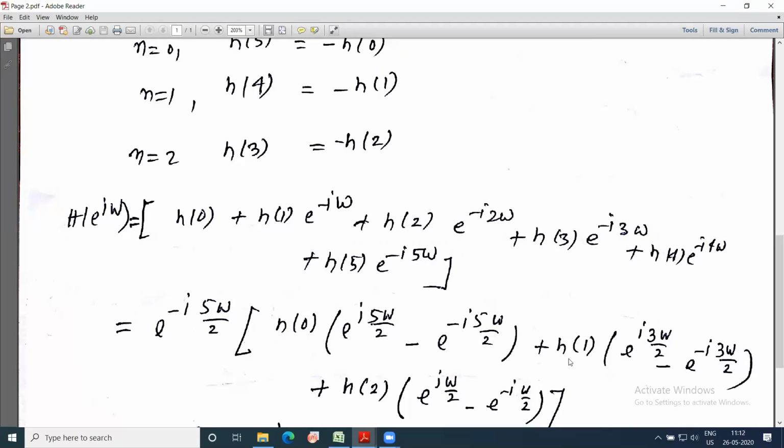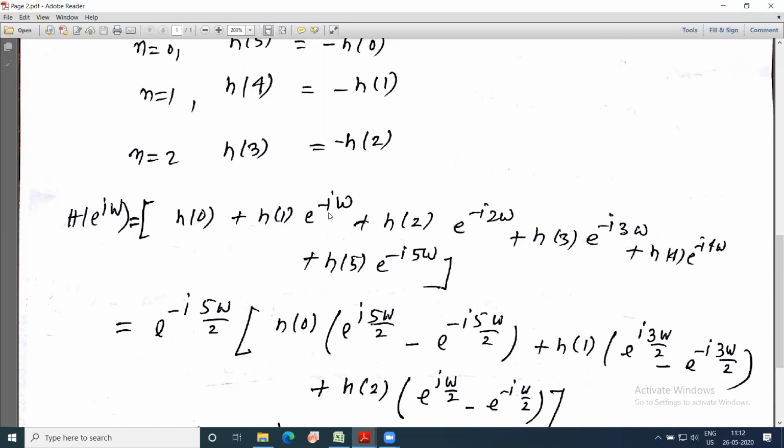Anyway, next corresponds to h1. This one is e power minus j3 omega by 2. h1 means e power minus j omega. So if I multiply h1 into e power minus j3 omega by 2 with e power minus j5 omega by 2, this corresponds to h1 into e power minus j4 omega, corresponding to this term.